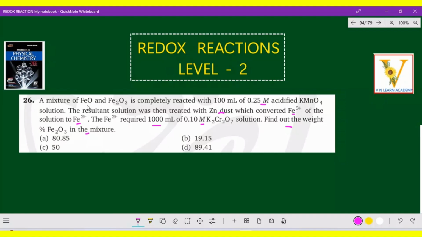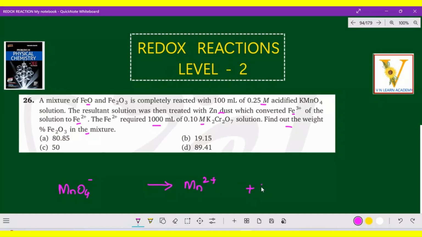Here, the mixture of ferrous oxide and ferric oxide is completely reacted with 100 ml of 0.25 M acidified KMnO4. Let us write the ion equation. That is potassium permanganate in acidic medium. So let us identify the n factor, and from that we can go for the calculation. MnO4- with H+ ions gives Mn2+. So how many oxygens are there?